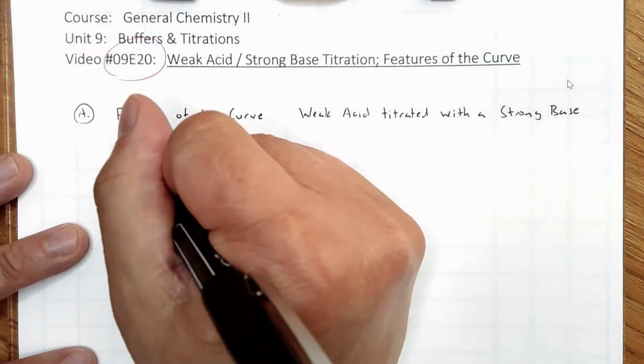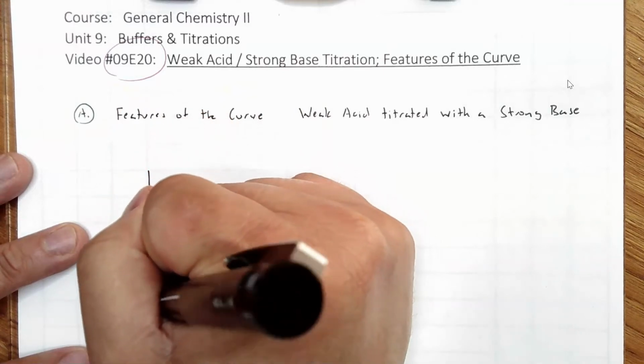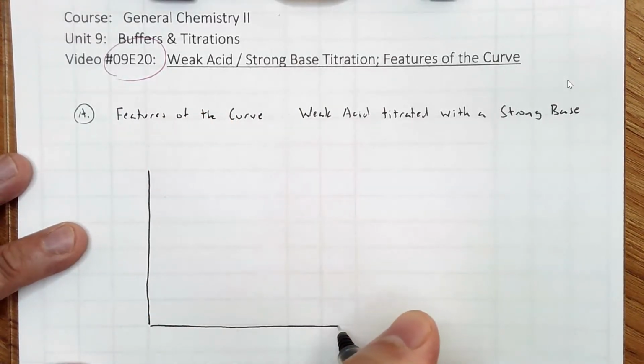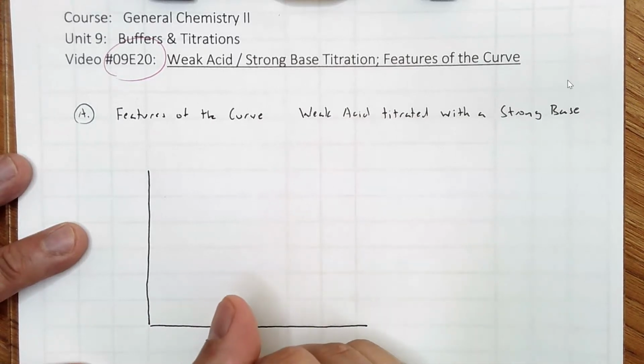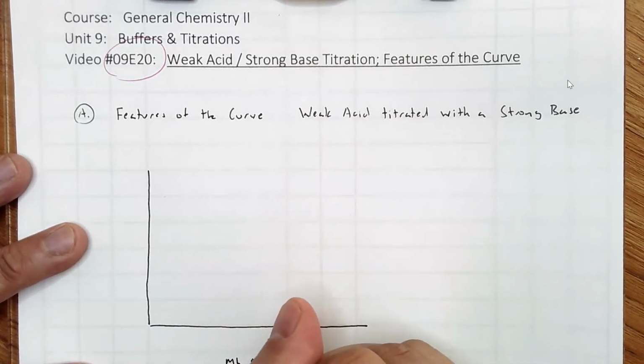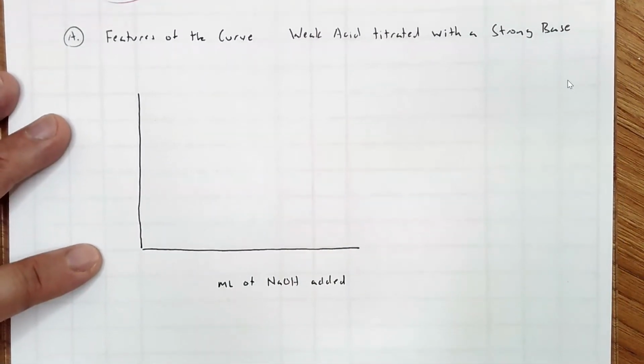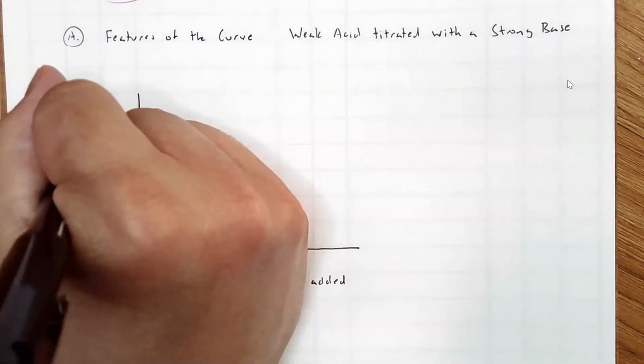Here's our curve, or at least our axis right now. Making it fairly large, and this is going to be milliliters of the strong base, NaOH, added. Okay, and we know that this is pH.